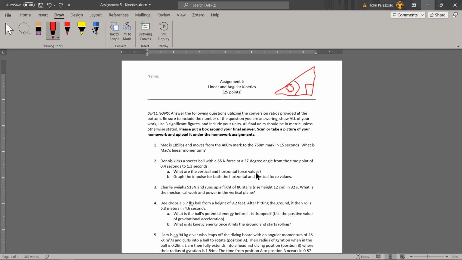For your next part, graph the impulse for both the horizontal and vertical force values. So when we're looking at impulse during the lecture, we know impulse is force over time. So when you're going to graph this, I'll do one here. On our x-axis is time, and on our y-axis is force.